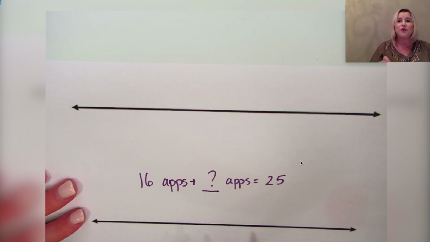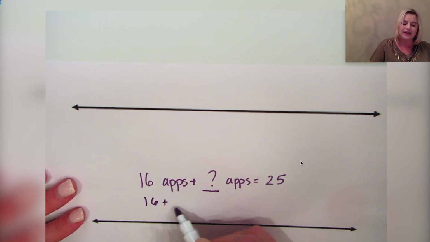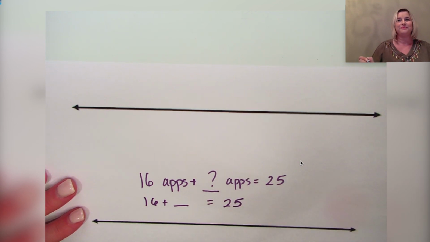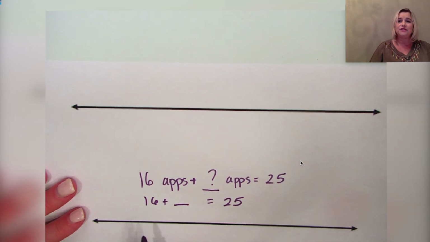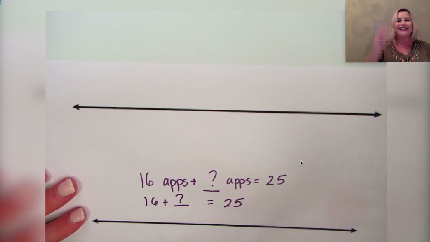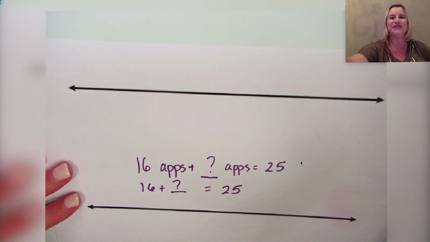We're answering the question 16 apps plus an unknown add-in apps equal 25. Another way to think about it is 16 plus blanks equals 25. So that's why I wrote it this way. 16 plus, we don't know how many she added, equals 25. Go ahead and write that down too.